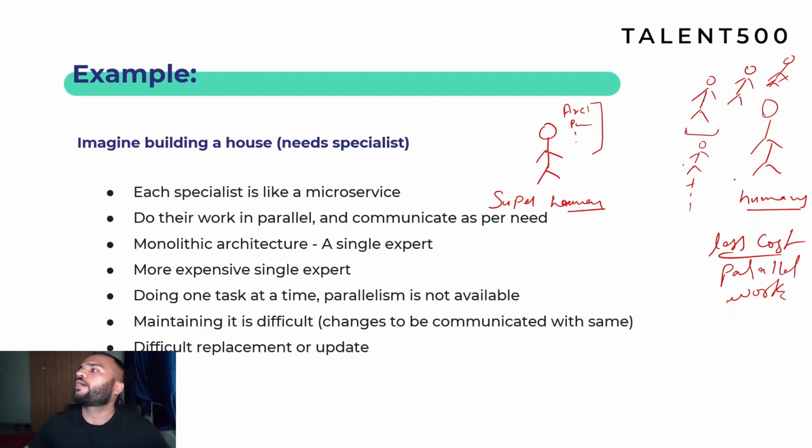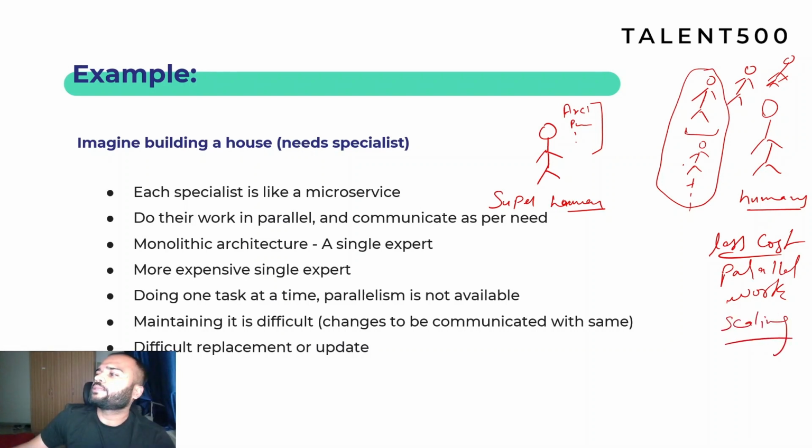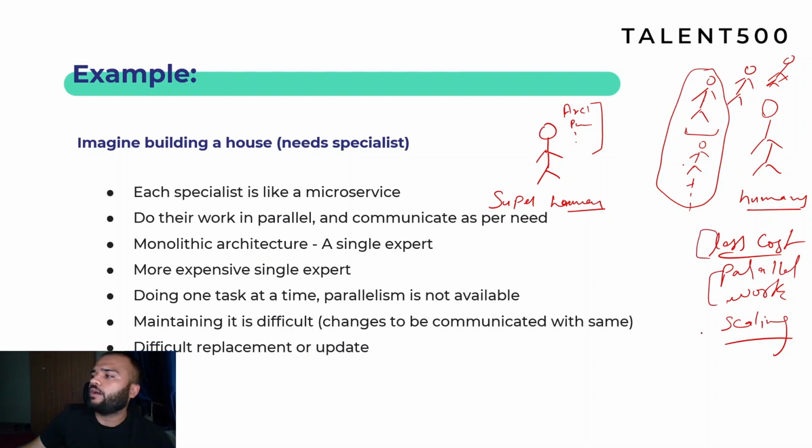And now you have a set of plumbers, and all of them are doing plumbing at your house to speed up the process. This you can call scaling, horizontal scaling of your plumbing task. So scaling independently is another thing you have.